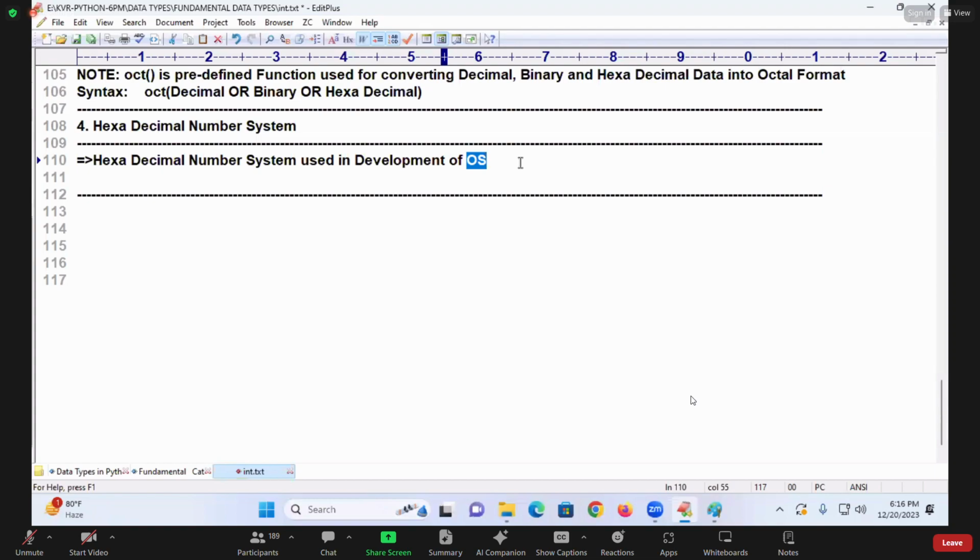So even when you get any error from the OS, you will get the errors in hexadecimal format. Even in Python, I will show you those errors very shortly.